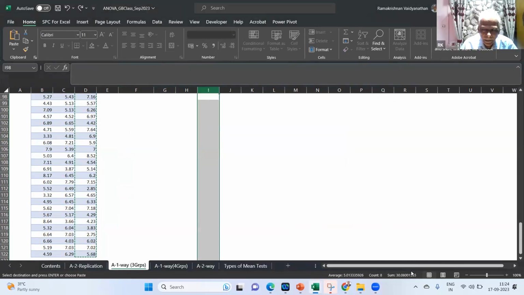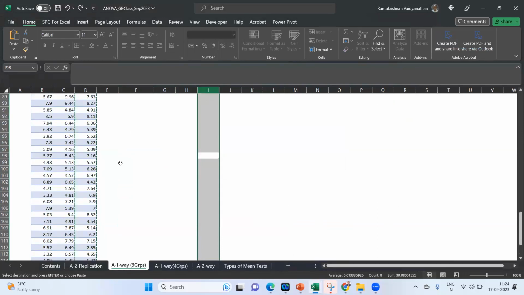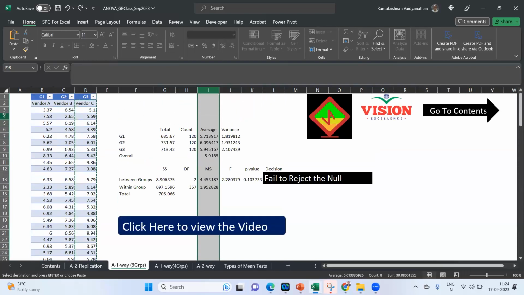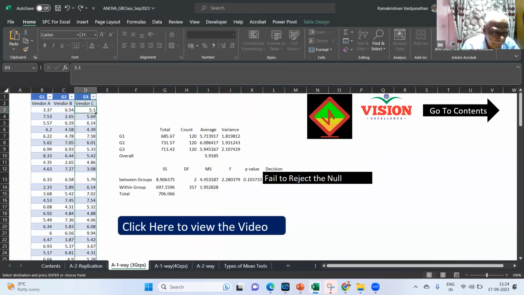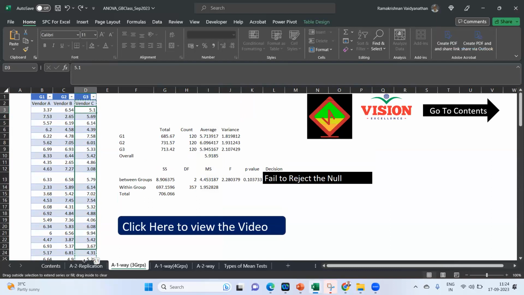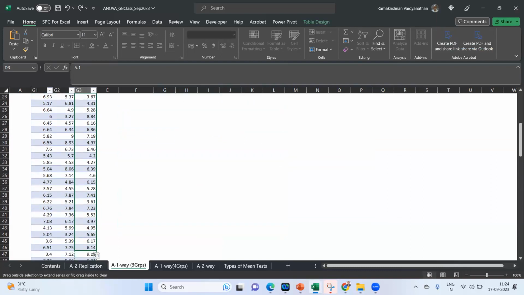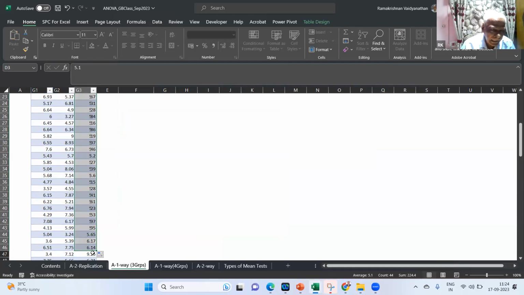I have protected this. Therefore, what I will do is, I will change it. Doesn't matter. I'm going to change this to 5.1 throughout. Okay. I wanted to store the data, but it doesn't matter. I will delete the data. So I made it as 5.1.